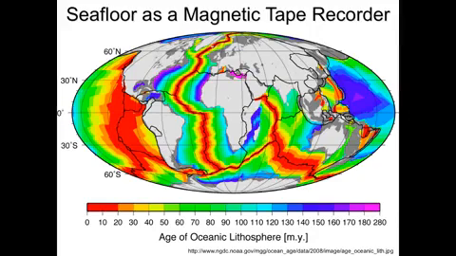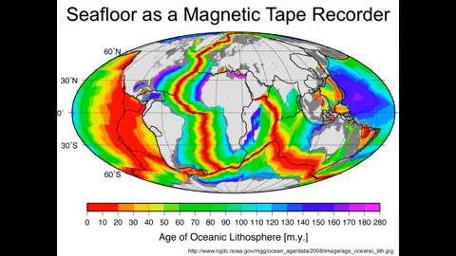And so, now that we've seen how Pangea broke up into the continents as we see them today, let's look at this magnetic tape recorder again that we see from the seafloor. And now you can see, based on the ages of the ocean crust around the world, these processes that we were talking about in the evolution of these plates.